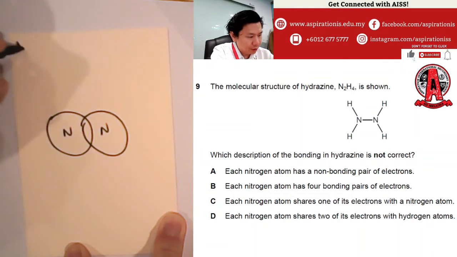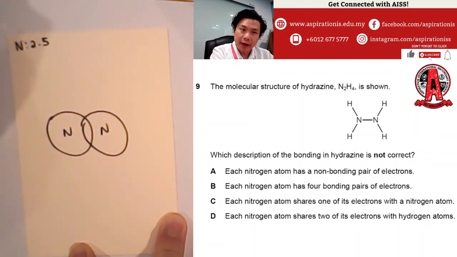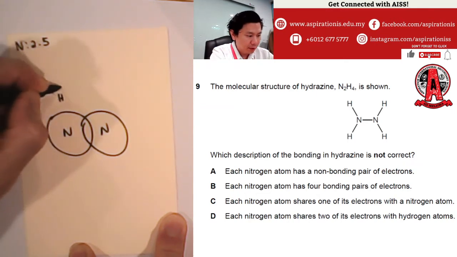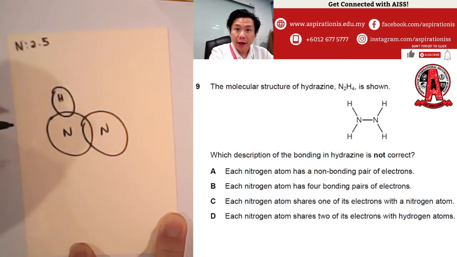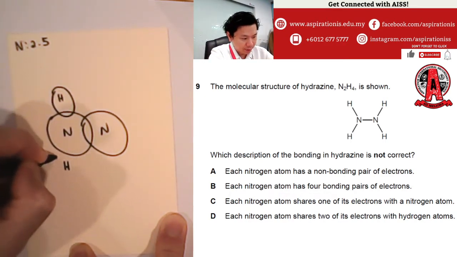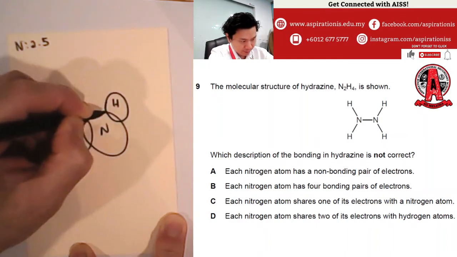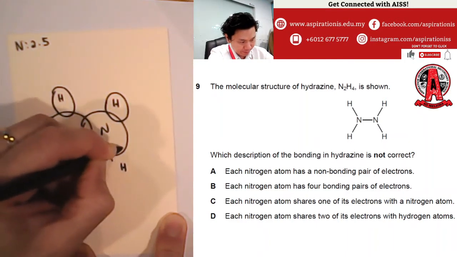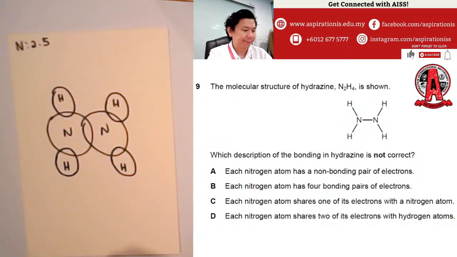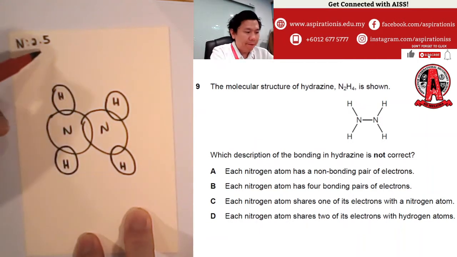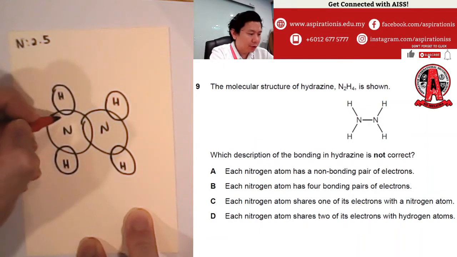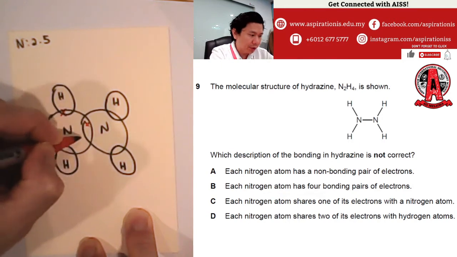You know that nitrogen has 5 electrons, which means you will need to share 3 electrons. So these are the 3 electrons that you will share.